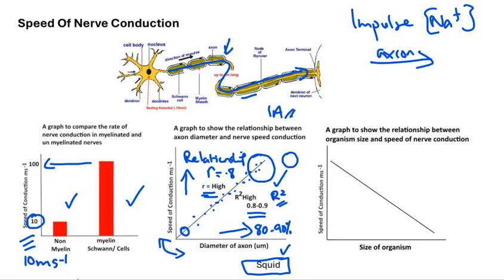And our final relationship here is that if we look at the size of the organism, then we tend to find that the speed of conduction of the nerve impulse decreases. Now, when you measure the actual velocity in axons, the speed has not actually significantly reduced. They're still high in this area here.